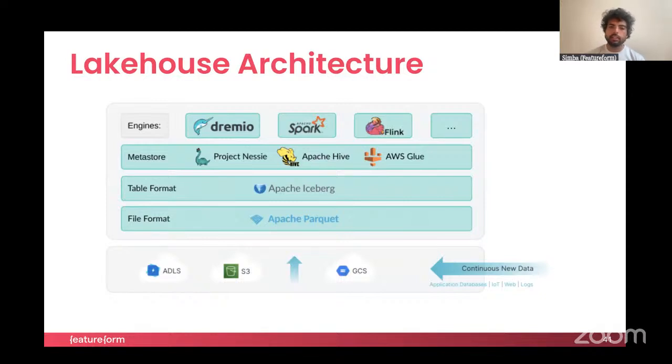Like Apache Iceberg, Delta, Hudi. There are others, but those are the main three. Featureform has mostly centralized around Iceberg, but we do also support Delta and Hudi. And our view is that Iceberg is becoming a de facto standard, and that the other table formats will all be interchangeable with Iceberg soon enough.